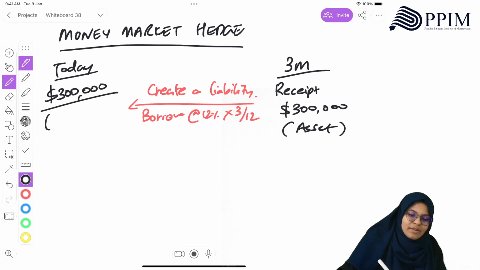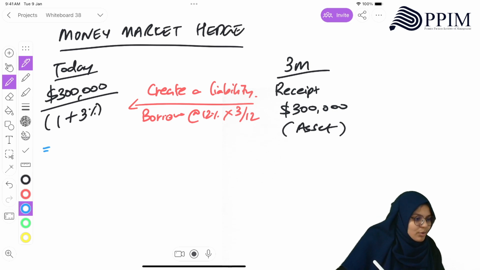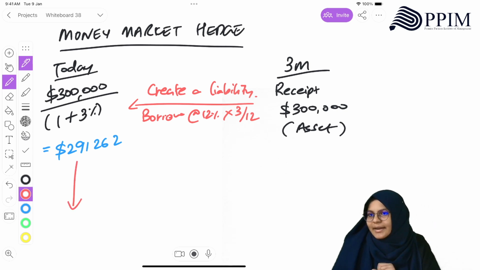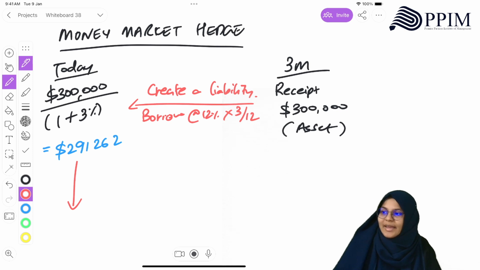That is 300,000 divided by 1 plus the rate, right? So 12 into 3 over 12 means we are talking about 3%. So I will borrow 291,262. Okay, I have this in hand. 291,262 I have in hand.